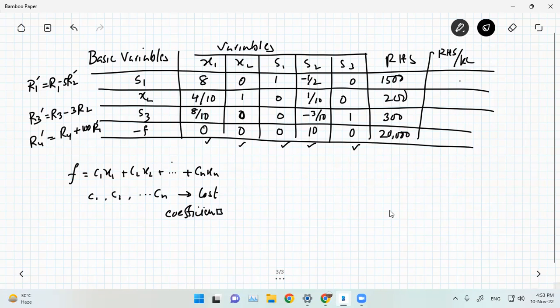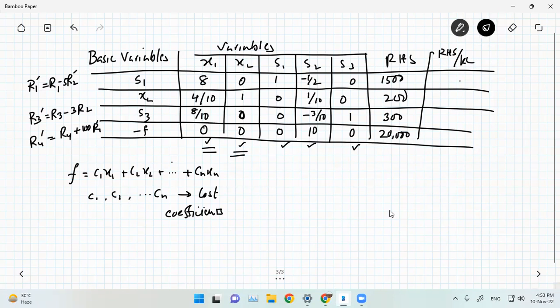As you can see, definitely we reached our optimum value of f. But at the same time, all the cost coefficients are actually zero. So basically these two are zero. This is the indication that the problem has multiple solutions, basically an infinite number of solutions.